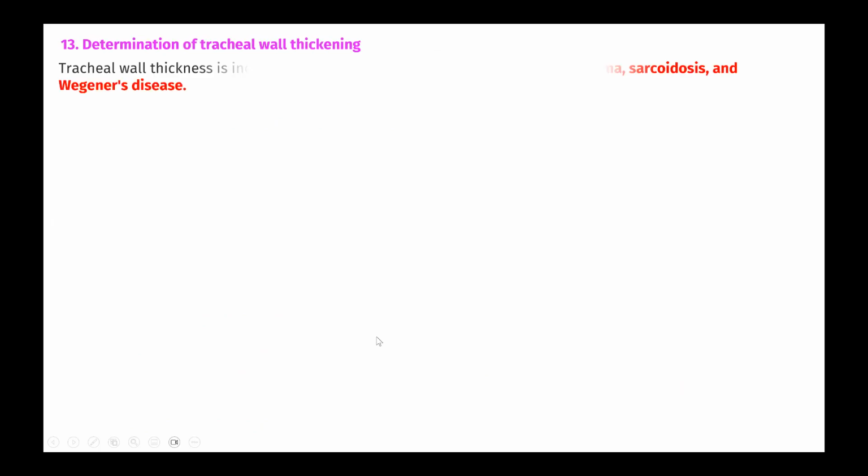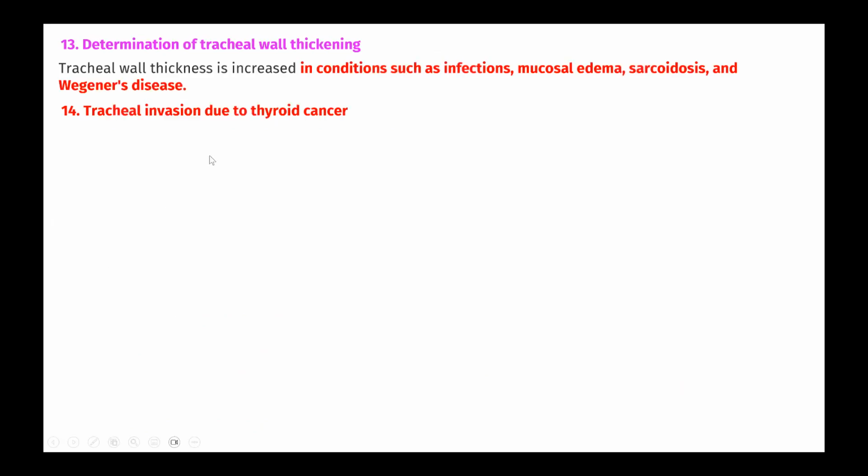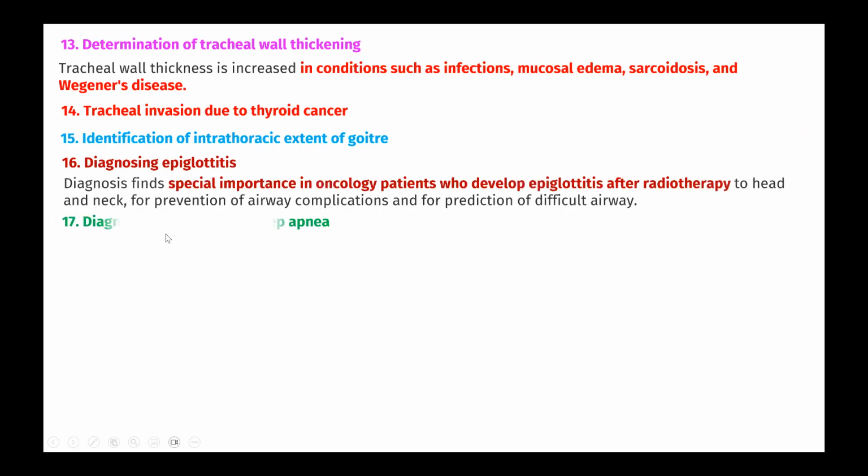And detection of tracheal stenosis, determination of tracheal wall thickening, and tracheal invasion due to thyroid cancer, identification of intrathoracic extension of goiter, diagnosing epiglottitis, diagnosis of OSA by submental ultrasound.